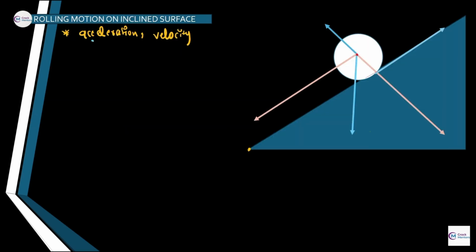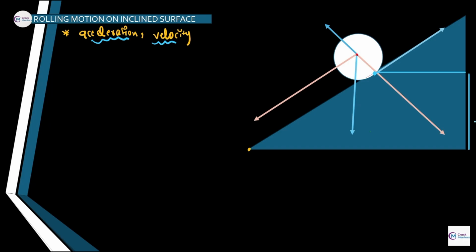Let me solve the equations for acceleration as well as for velocity. I am marking some points. Let me mark this point as point A, and from this point there is a height from the ground, which is small h.